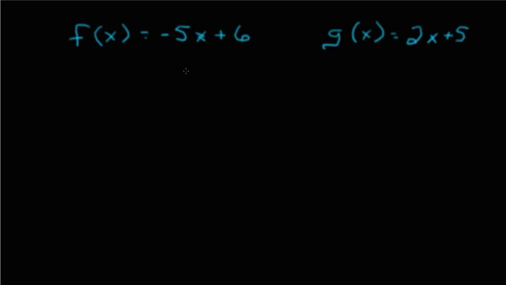And we're being asked to evaluate the composition g of f at x. So this we don't even have to evaluate, we'll just have to come up with an equation.